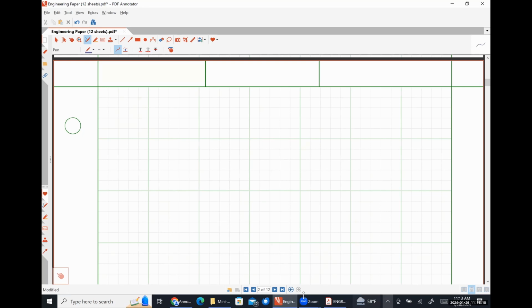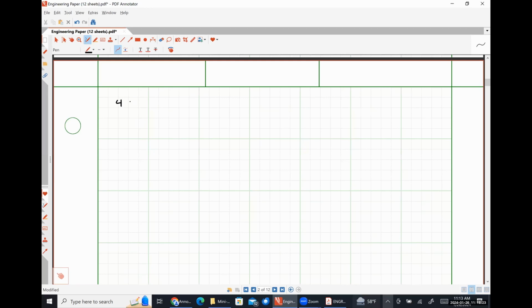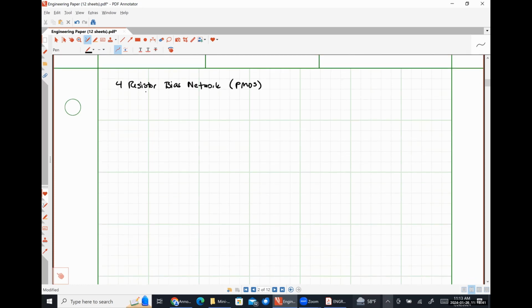All right, so the four resistor biasing network. Here we have our supply voltage, and I've actually already made a mistake.